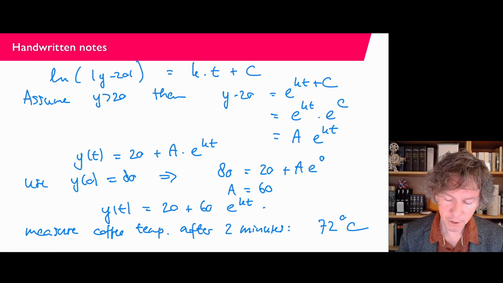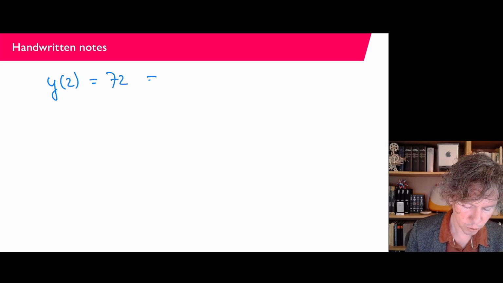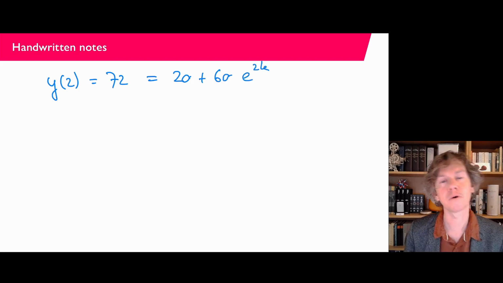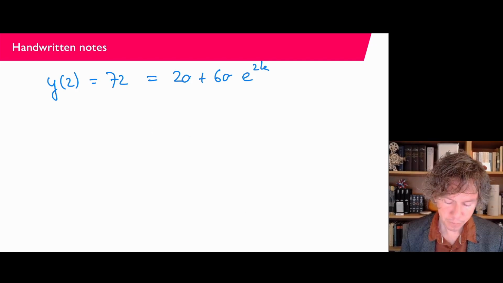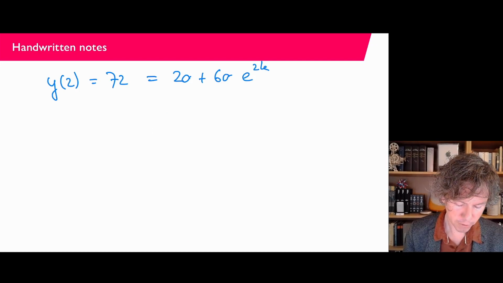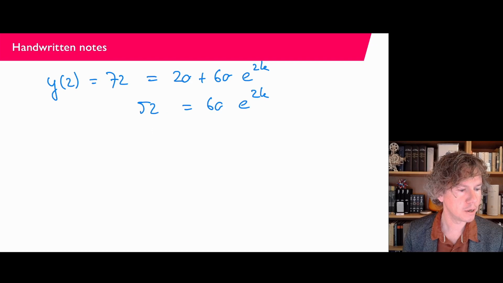So then I can use this to determine my k value, because then I find that y of 2 is 72 on the one hand, and it's 20 plus 60 e to the power 2k on the other hand. And you see that we can now find what k is. So we find that 52 equals 60 e to the power 2k.